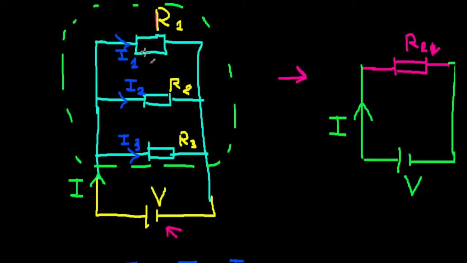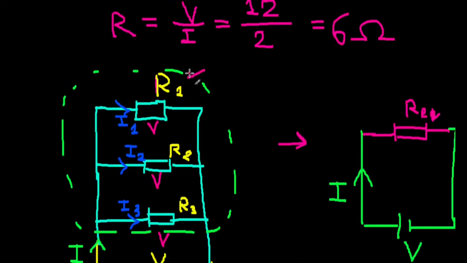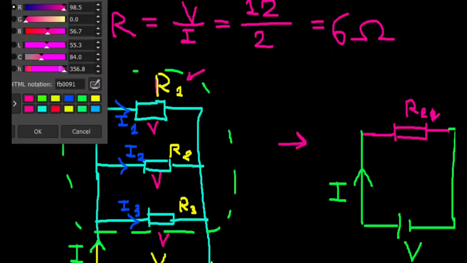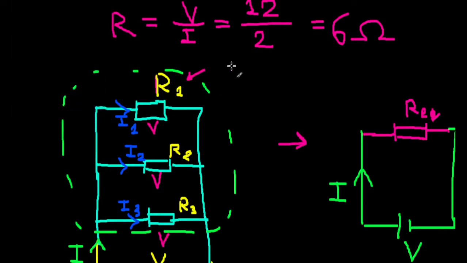So if this is V, the voltage across this has to be V, across this has to be V, across this has to be V, right? And if we just consider this resistor R1, what is its resistance? What does Ohm's law tell us?